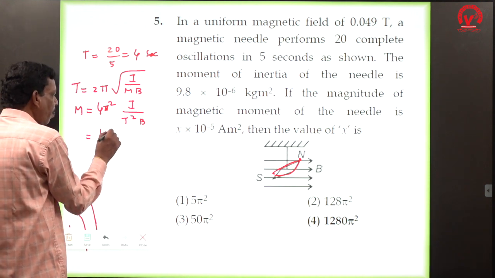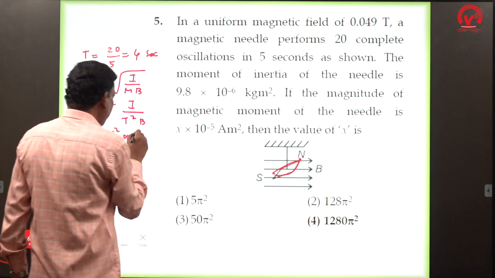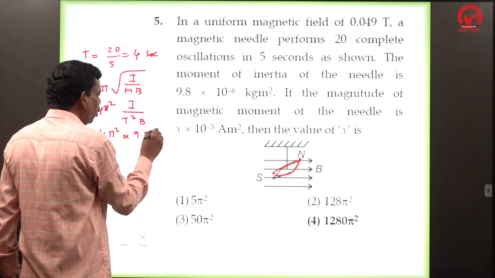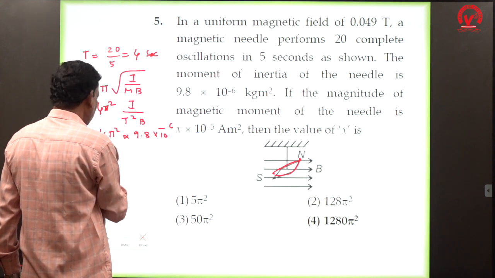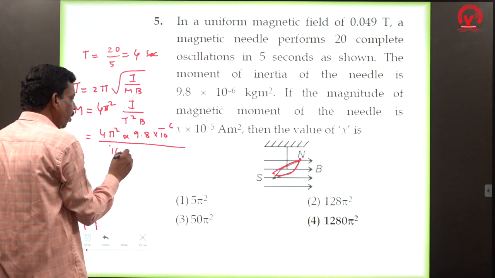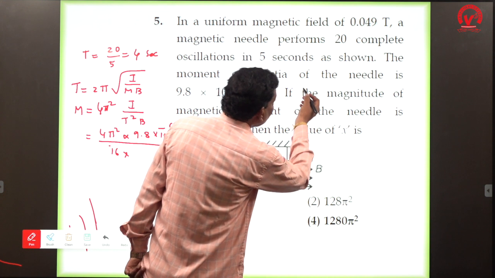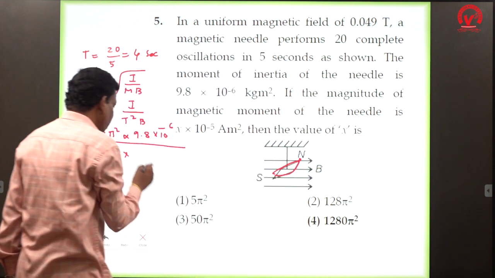Then 4 pi square into the I value given, 9.8 into 10 power minus 6, by T squared, into B, which is given as 0.049 Tesla.